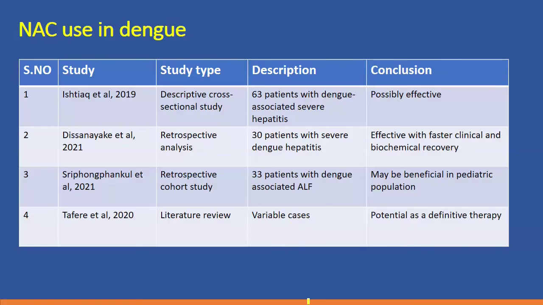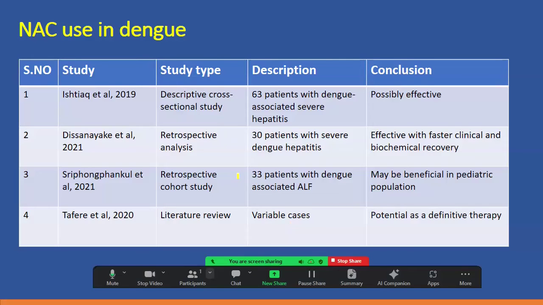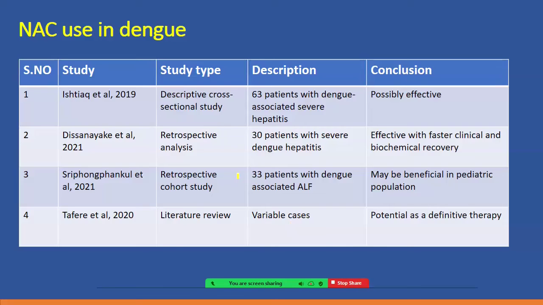Now coming to the use of NAC in patients with dengue. Initially there were only case reports available, in which 2 to 3 patients were treated at a center, and then data was available. However, now we have some descriptive as well as retrospective data that have shown that NAC definitely causes a decrease in AST, ALT enzyme levels, and it also has a positive impact on hospital stay by decreasing it.